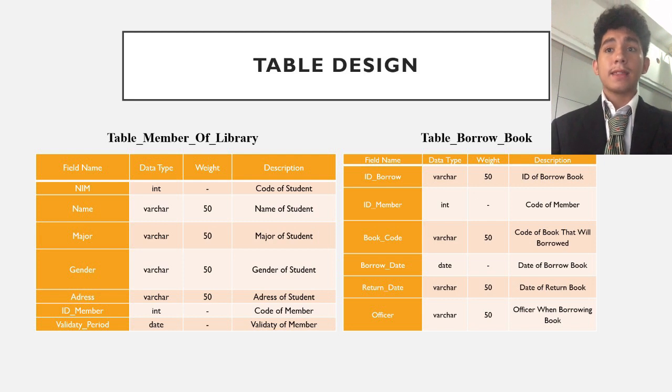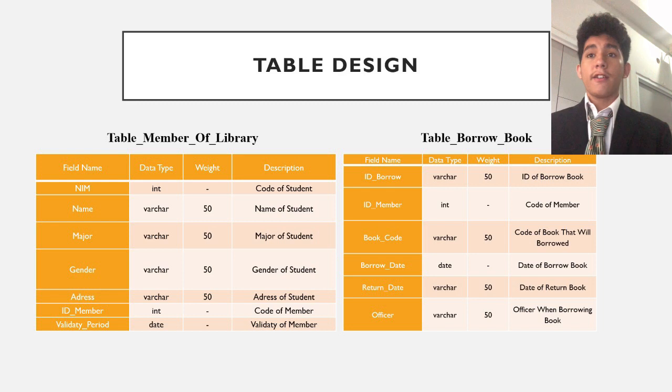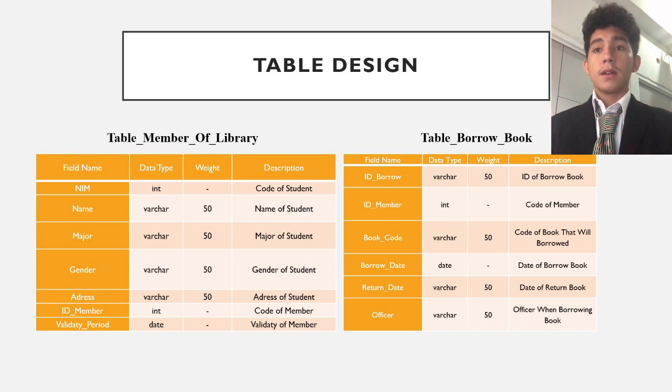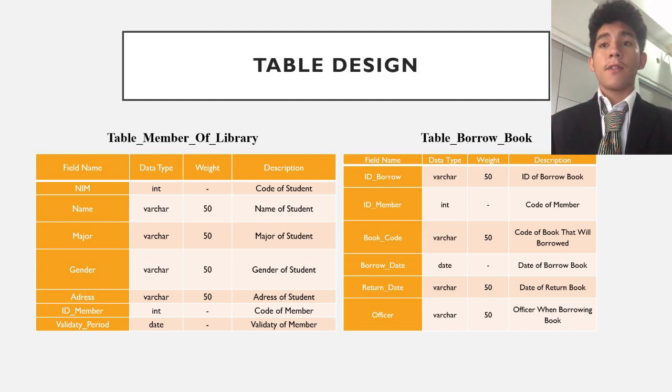Table design. In table design, there is table member of library. Name, data type int, weight strip, description, code of student. Name, varchar, weight 50, description, name of student. Major, varchar, 50, major of student.